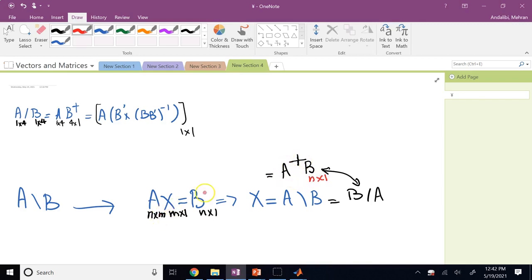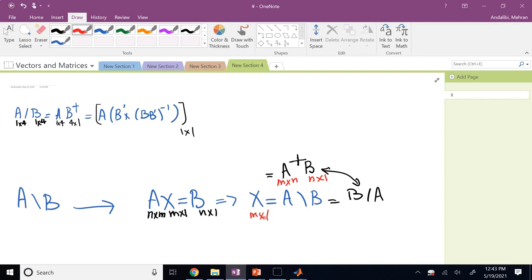Pseudo inverse has opposite direction, so this is going to be an m by n. And when you multiply, you're going to get an m by 1 for x. Okay, which is different, right, than what you had in the past.